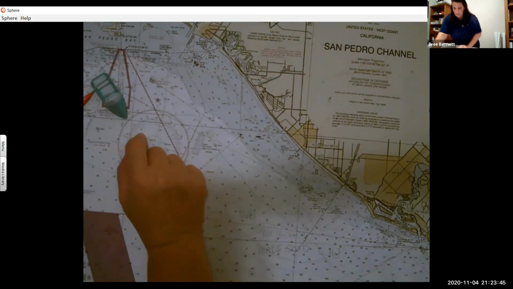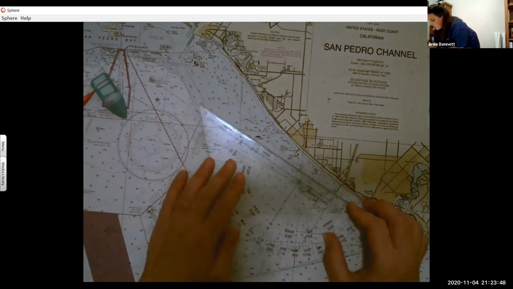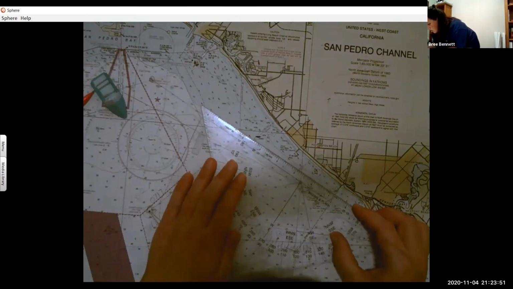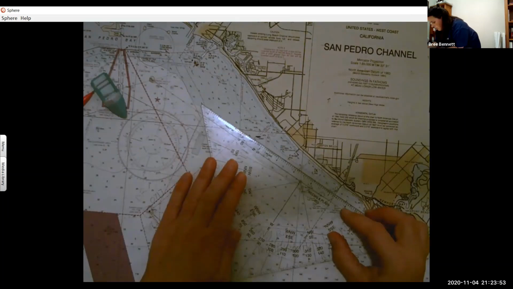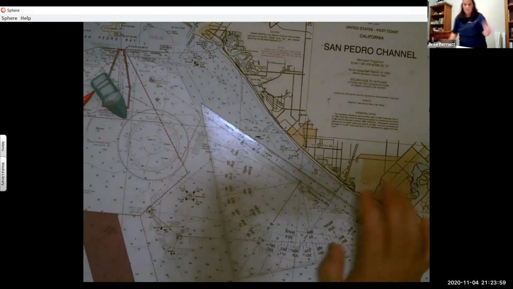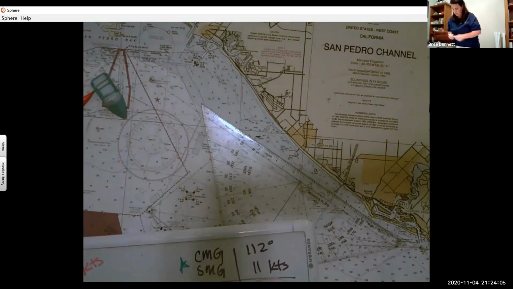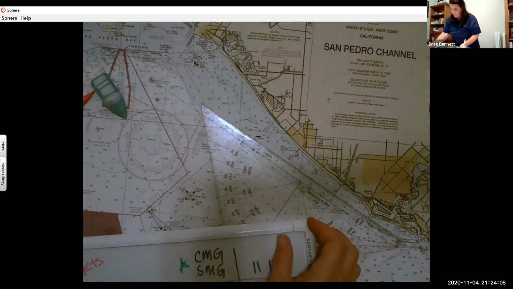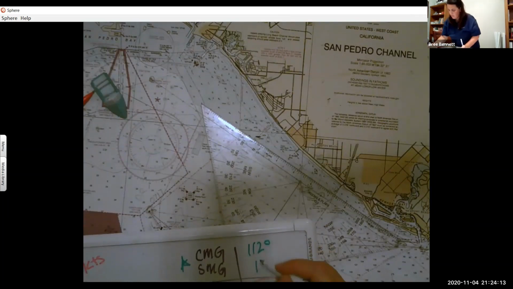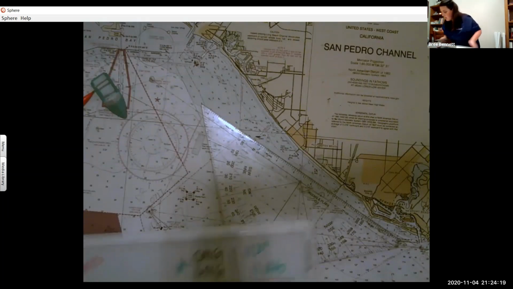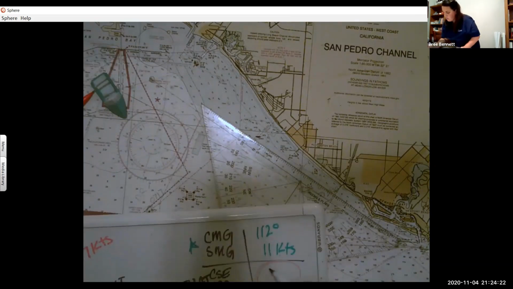So let's read what it is. My course to steer is going to be, this very color coded, did I? 120 I got for my heading.